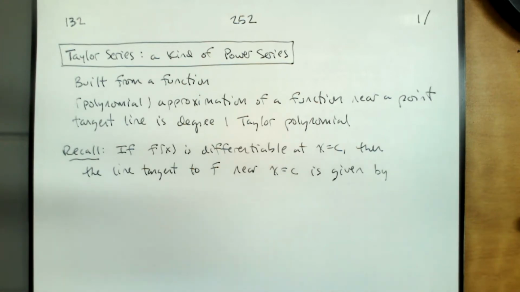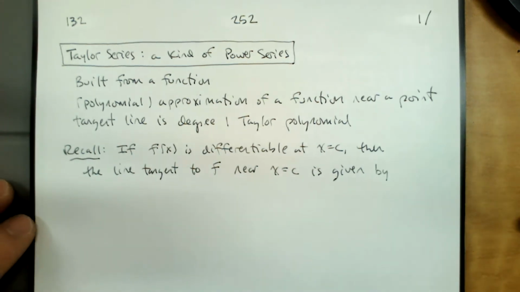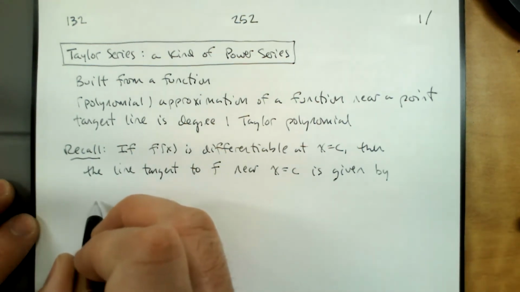I know we always think of writing lines in terms of y equals mx plus b, which is kind of terrible. I don't know why 0 always has to make itself involved. Why does it always have to be the y-intercept? So the tangent line is given by y equals.